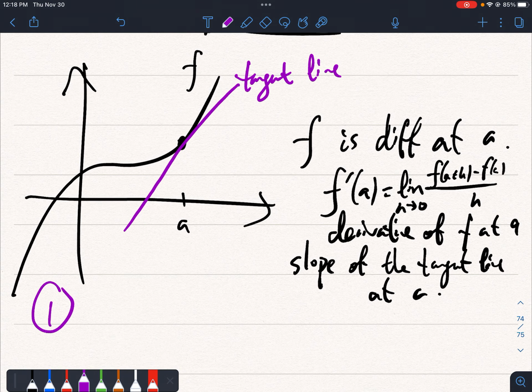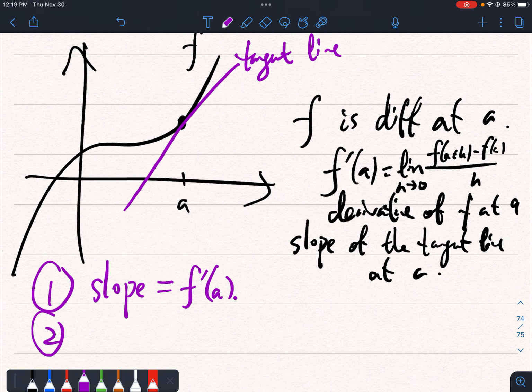Okay, and now if f is differentiable at A, then if you look at the graph, what can you say about the tangent line? You actually have two pieces of information. The first thing is that this line must have the slope which is equal to f prime of A, right?